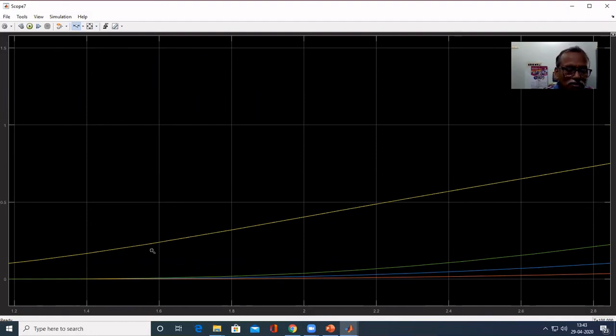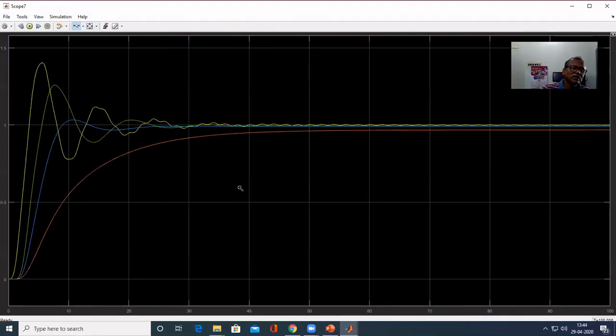So this one quickly rises. All others start after two sampling periods, because in the design we assumed that the process has dead time, and the response has dead time. That is the assumption we made while designing the controller.